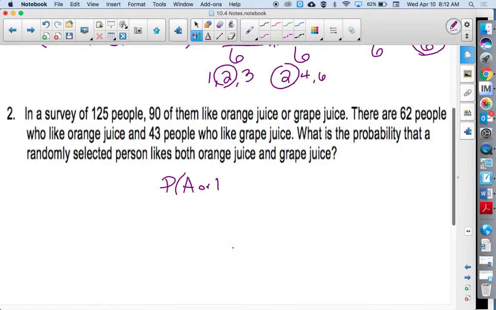So our little formula is the probability of A or B can be found by taking the probability of A plus the probability of B minus the probability of that both occurrence.